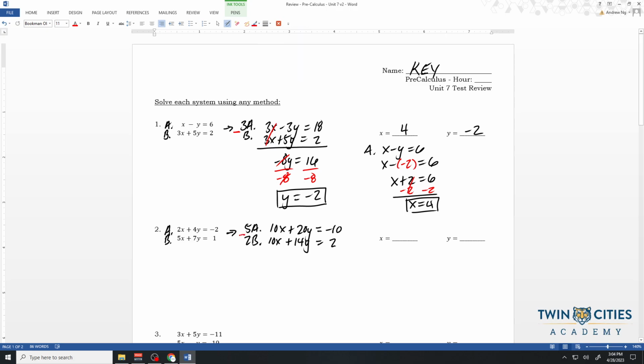So we will subtract these equations, subtracting out the x's. 20y minus 14y will be 6y, and this is equal to negative 10 minus 2 is negative 12. Let's divide both sides by 6. Y is equal to negative 2.